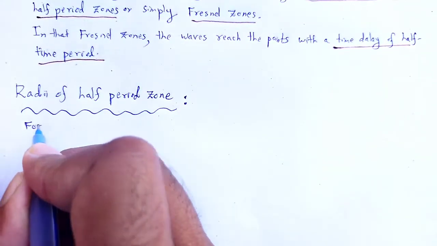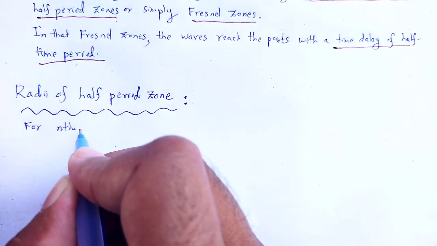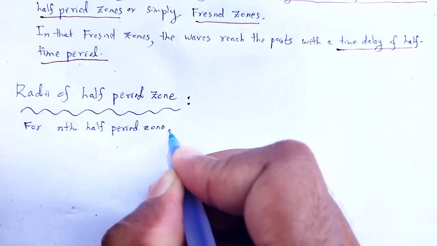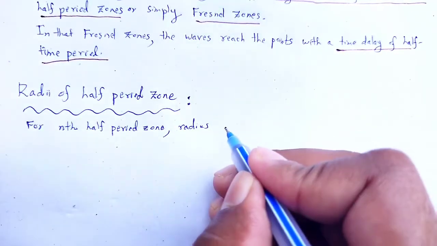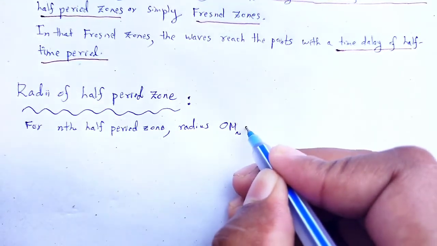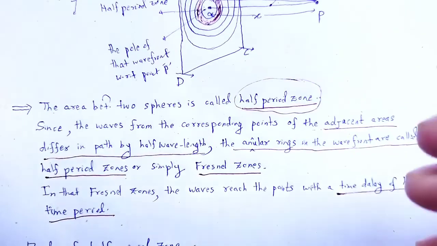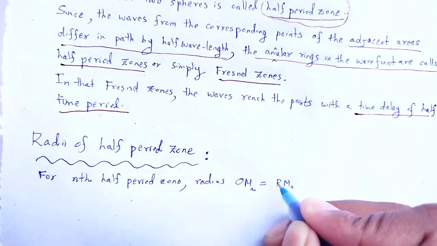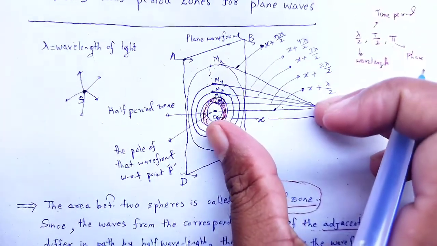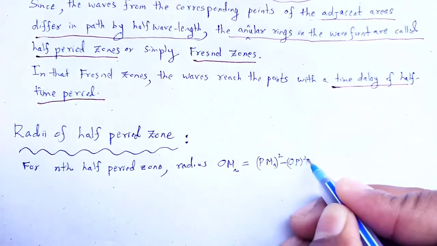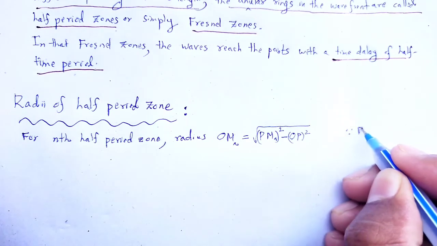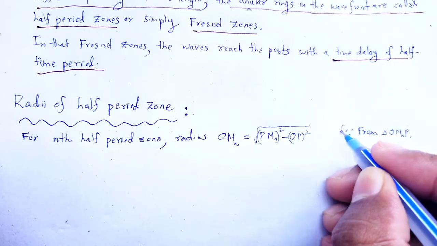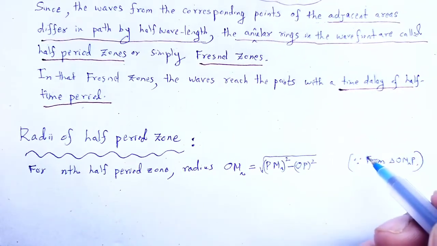For the nth half period zone, radius OMn is equal to the square root of PMn square minus OP square, as from triangle OMnP we use the Pythagoras theorem.